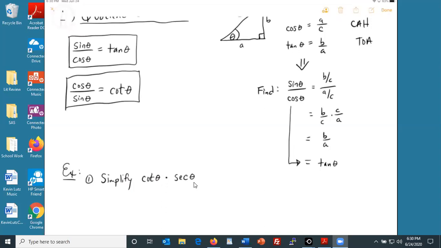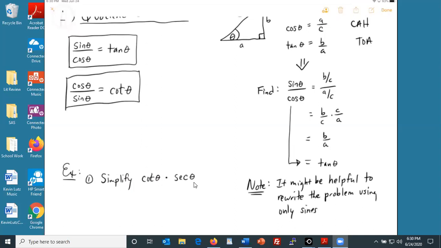One little note that we want to make here is that sometimes when we're just asked to simplify, it might be helpful to rewrite the problem using only sines and cosines. That's a little note in the margin I would make.